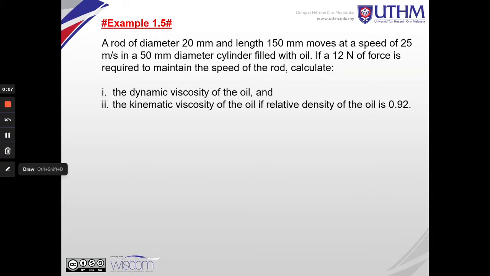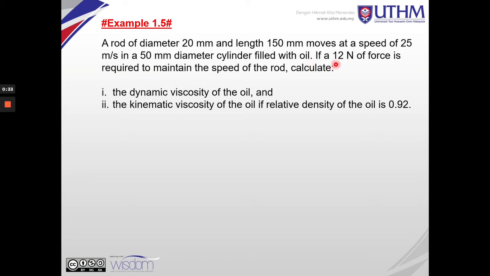So we look at example 1.4. A rod of diameter 20 mm and length of 150 mm moves at a speed of 25 meter per second in a 50 mm diameter cylinder filled with oil.